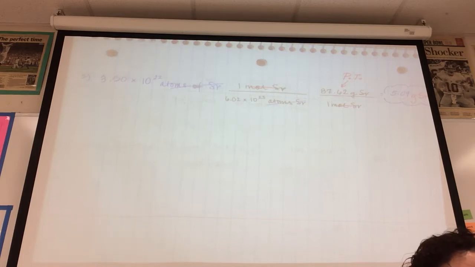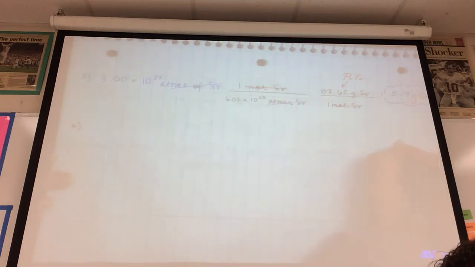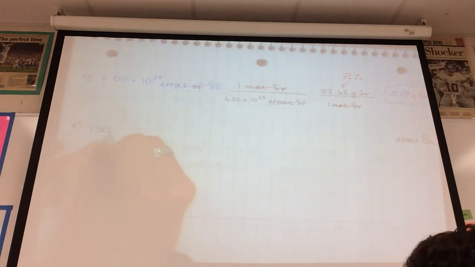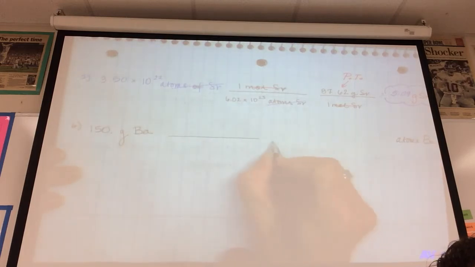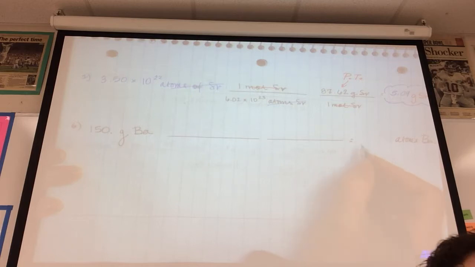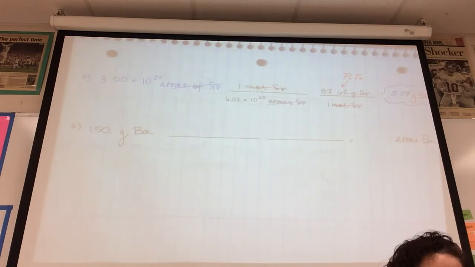Let's set up 6 and let's see if you can process it. On number 6, we want to know atoms of barium equivalent to 150 grams of barium. What do we do?